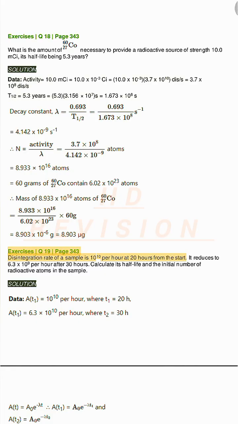Exercises Q19, page 343. The disintegration rate of a sample is 10⁹ per hour at 20 hours from the start. It reduces to 6.3 × 10⁸ per hour after 30 hours. Calculate its half-life and the initial number of radioactive atoms in the sample. Solution.